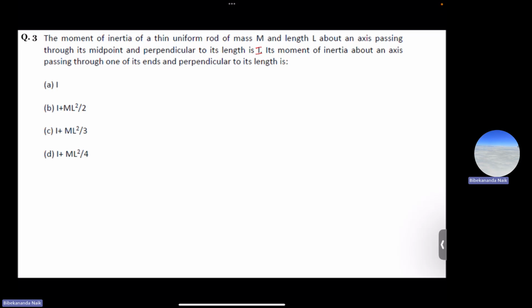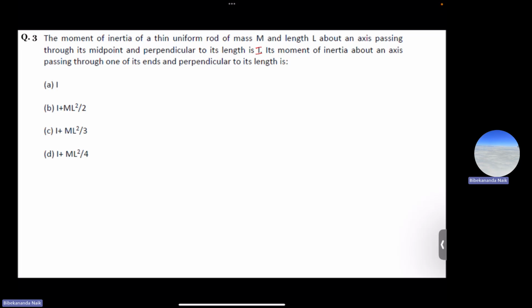Its moment of inertia about an axis passing through one of its ends and perpendicular to its length is. Options are option A, I; option B, I plus half ml square; option C, I plus 1 by 3 ml square; or option D, I plus 1 by 4 ml square.